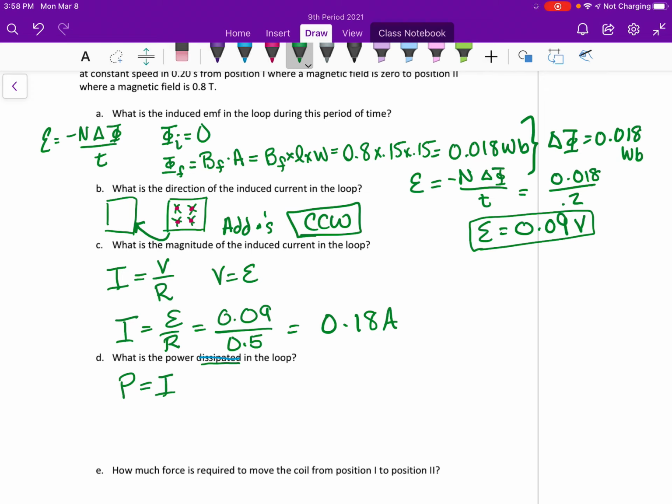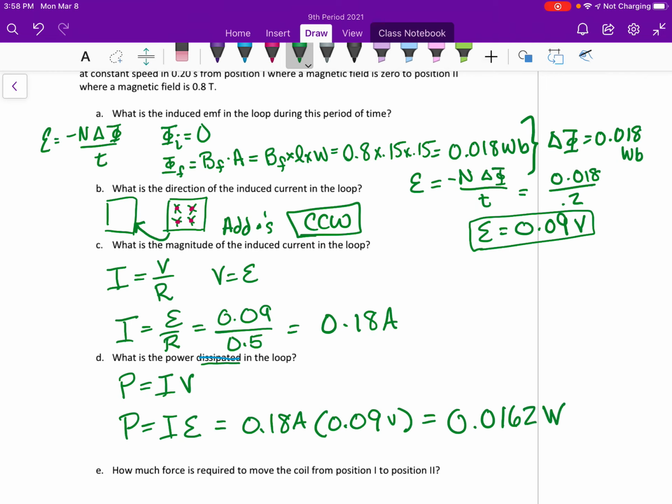P equals IV, but in this case we'll write this as P equals the current times the EMF. The current is 0.18 amps. The EMF was 0.09 volts. We can multiply those two, and I get my power is 0.0162 watts. Remember, watts is the unit here for power.